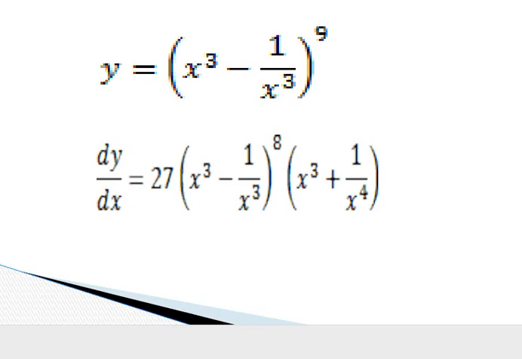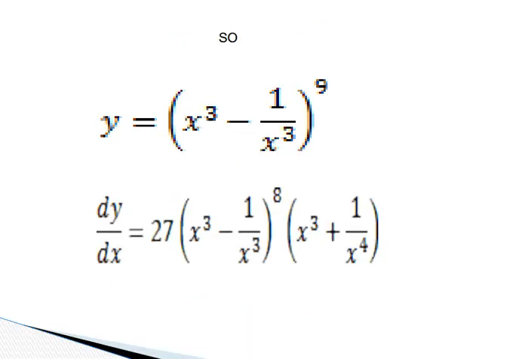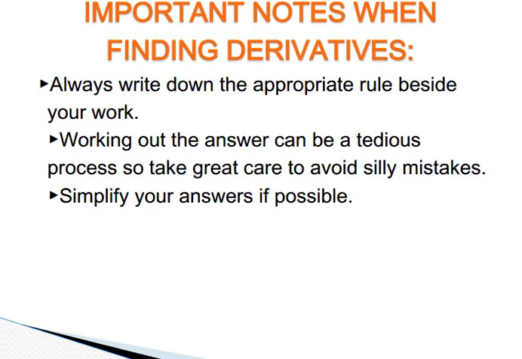So the equation y equals (x cubed minus 1 over x cubed) all to the power 9 becomes dy dx equals 27 multiplied by (x cubed minus 1 over x cubed) all to the power of 8 multiplied by (x squared plus 1 over x to the power of 4). And this is your final answer for this question.